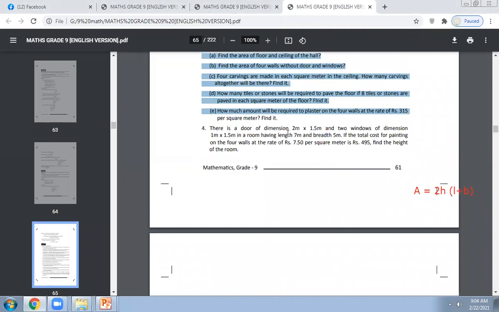There is a door of dimension 2.5 meter into 1.5 meter and 2 windows of dimension 1 meter into 1.5 meter in a room having length 7 meter and breadth 5 meter. If the total cost of painting the 4 walls at the rate of 7.50 per square meter is rupees 495, find the height of the room.